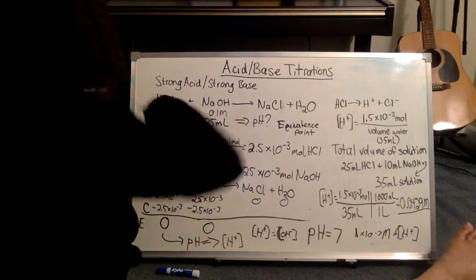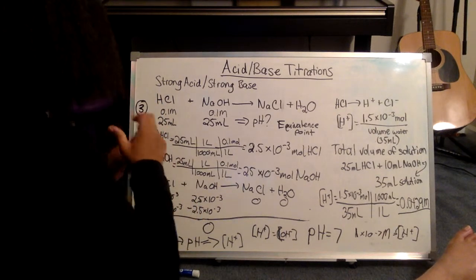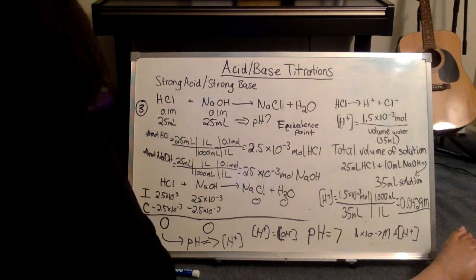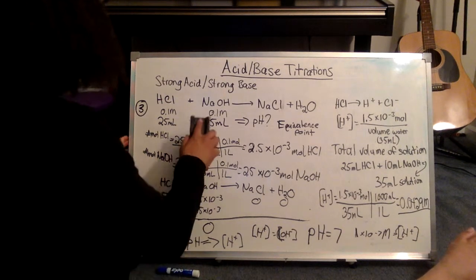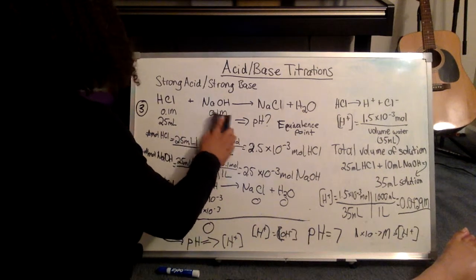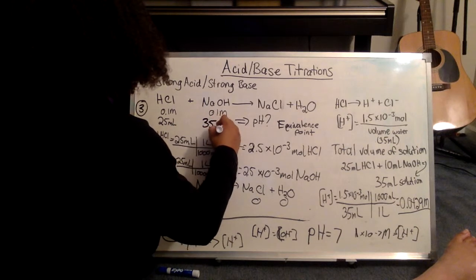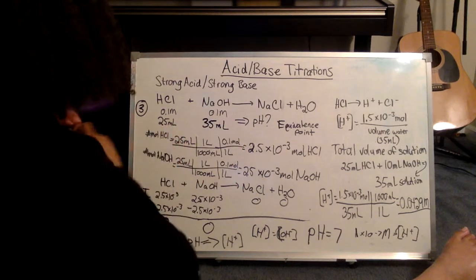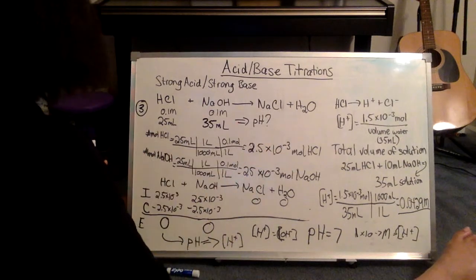Now let's look at scenario 3, where we add even more base. Scenario 3 is where we add instead 35 milliliters of NaOH. So let's change this to 35 milliliters. That means that we will not be at the equivalence point. We probably will be very basic because we would have an excess of base.